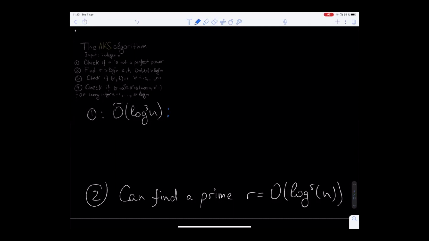Second step, as I already mentioned, we can find r to be at most log to the fifth. And moreover, we can find r prime. This is slightly inefficient in the optimal algorithm.